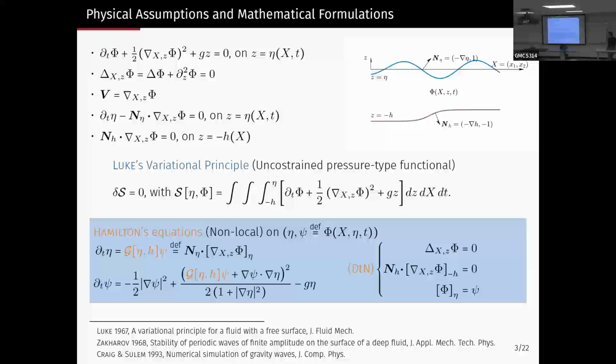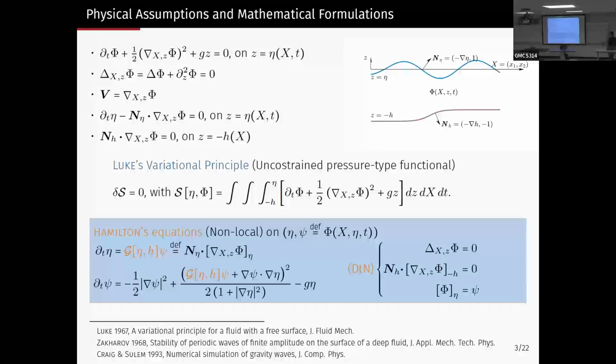So if you have eta and psi, phi is uniquely determined, and you can uniquely define this quantity, the normal derivative, which is called DtN, which is actually the Dirichlet-to-Neumann operator. That means that you give the Dirichlet data and you calculate the Neumann data. So you can write it like that.